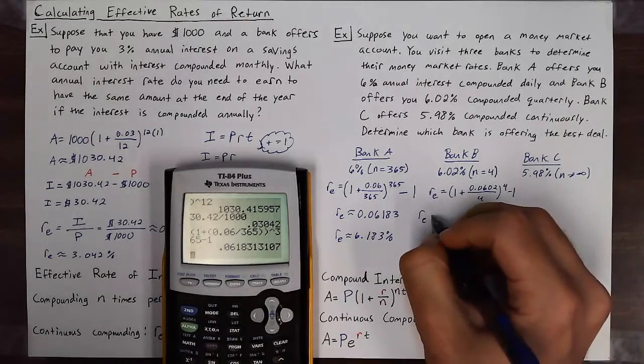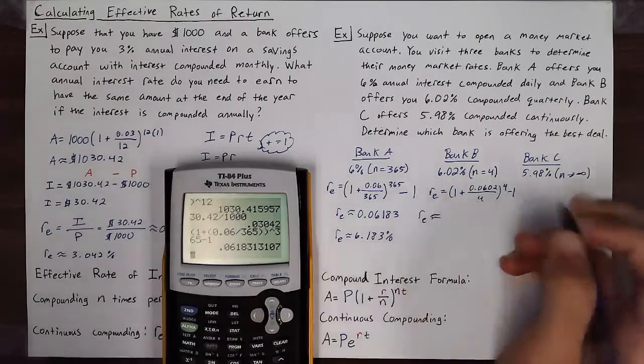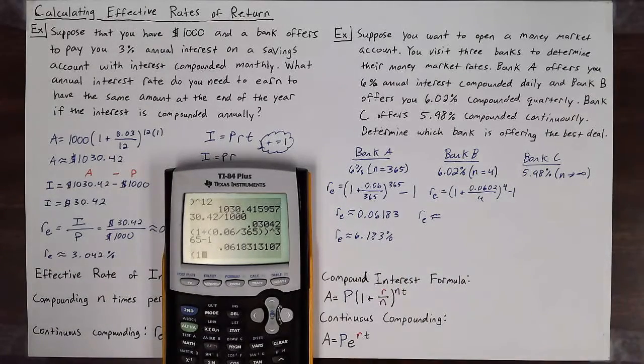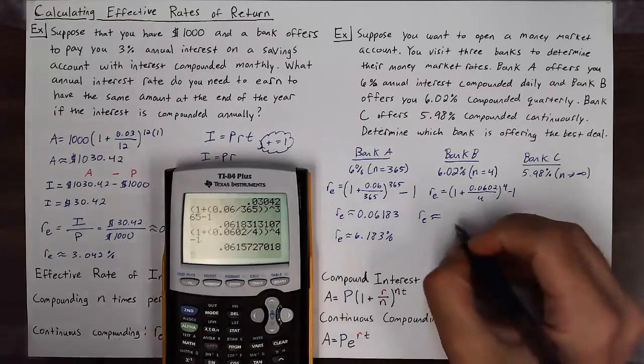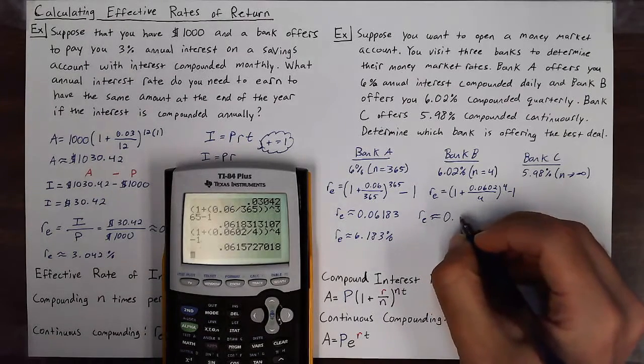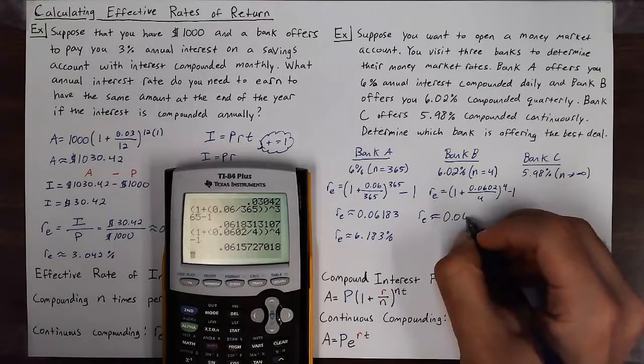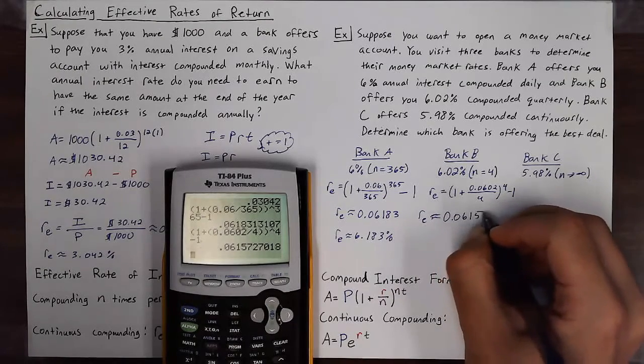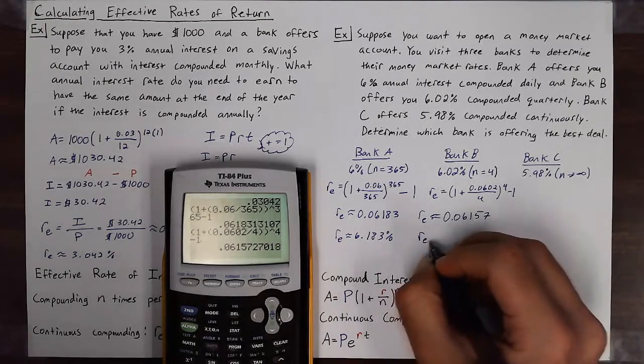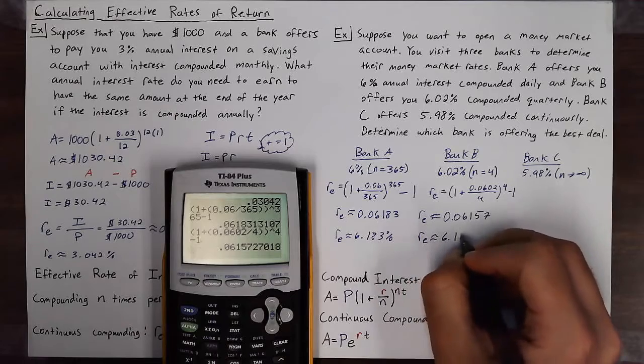So R sub E there would be approximately 1 plus 0.0602 divided by 4, all raised to the 4th power minus 1, which is 0.06157, which is approximately 6.157%.